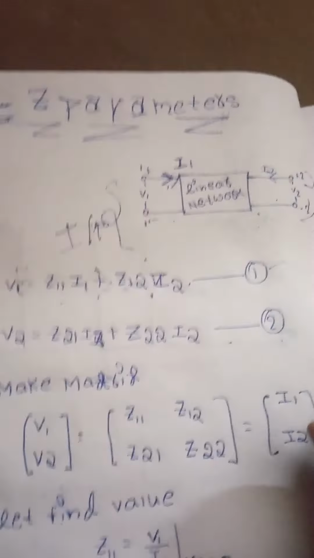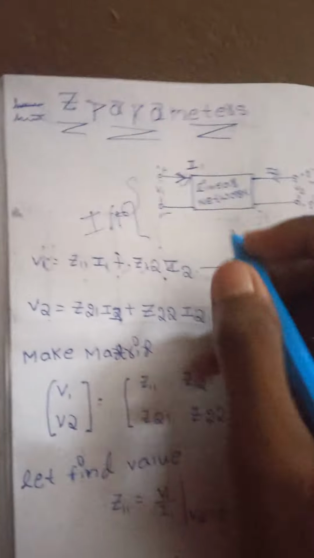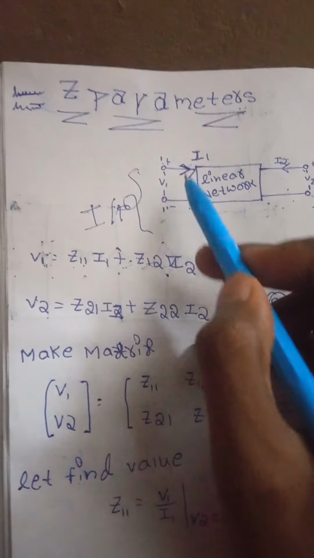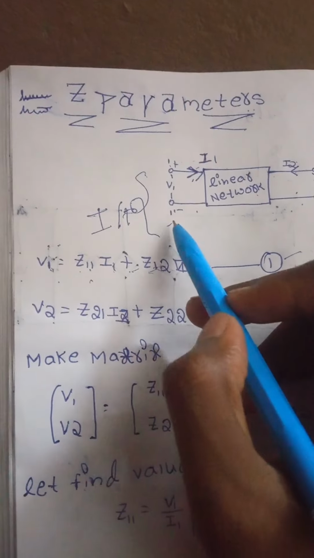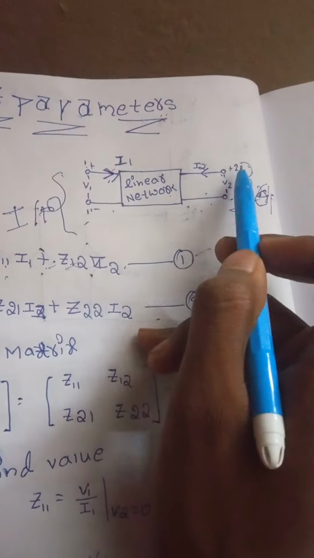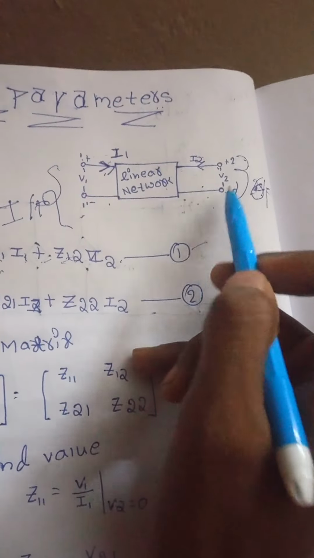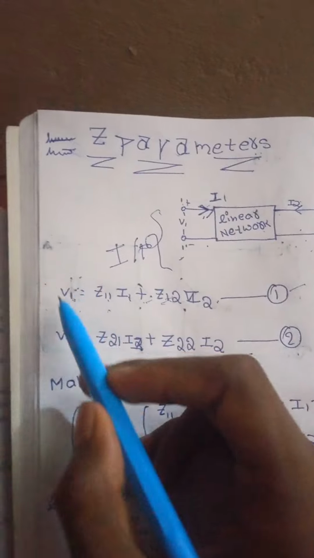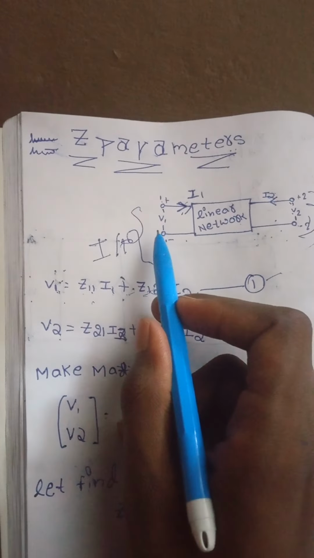Let us discuss the equations. Between input terminal 1 and input terminal 2, the voltage is V1, and between output terminals 2 and 2 dash the voltage is V2. Let us write the equations of V1 and V2.